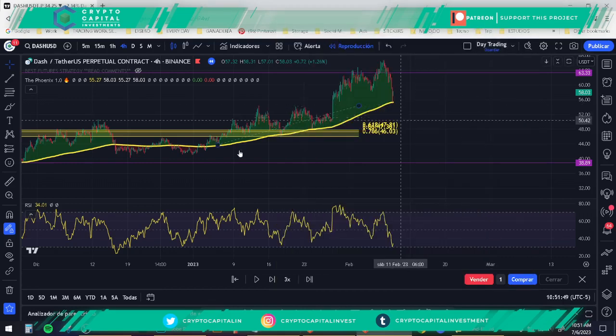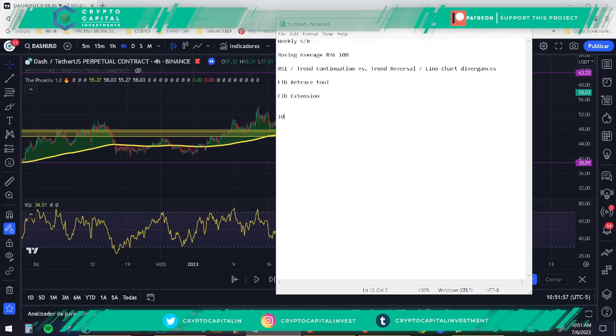So, what I was saying. I used to work with only a 10x maximum in futures trading. If you're starting, I would say even 5x. Now, I suggest starting with a futures trading account of only $20. Why? Because you first have to know how to use the tool, which is Binance.